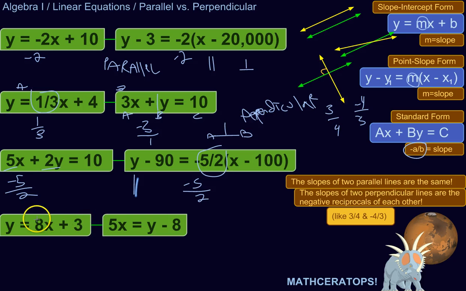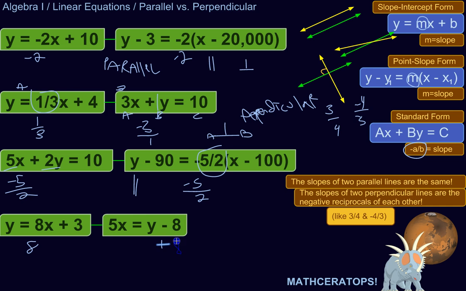All right, last one. y equals 8x plus 3. Slope-intercept, so the slope is 8. Then 5x equals y minus 8. Is this one of these nice little forms? Let's rearrange it and make it slope-intercept.